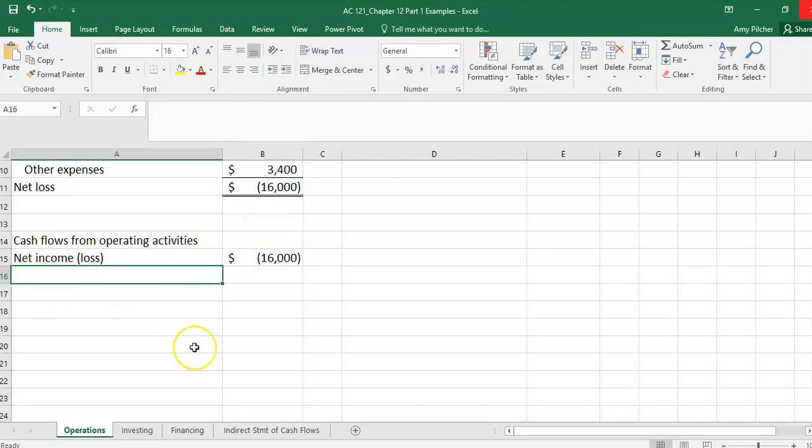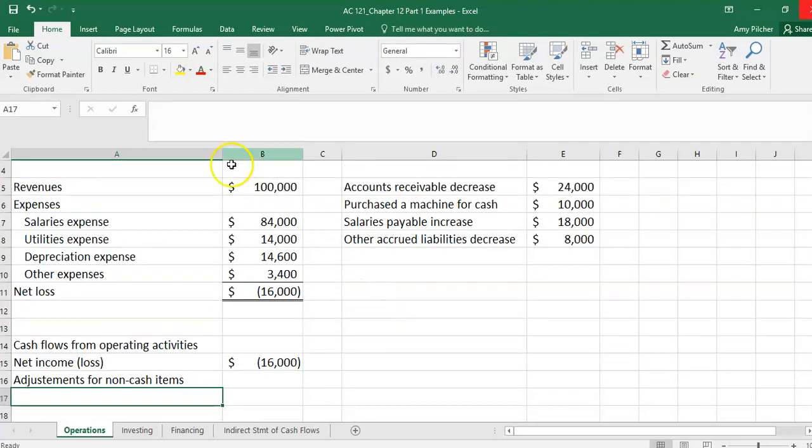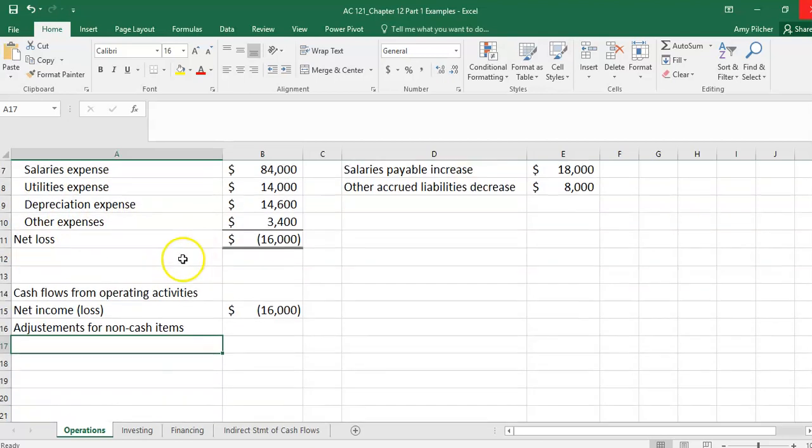We then make adjustments for non-cash items. The non-cash items in the income statement are depreciation expense and gains and losses. So we have no gains or losses in this income statement, but we do have depreciation expense.